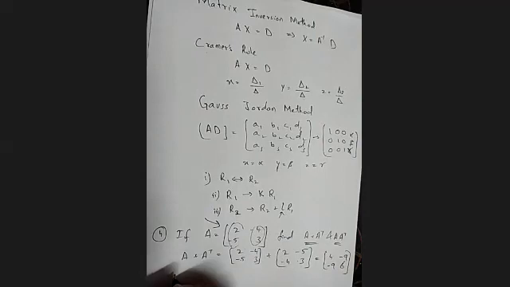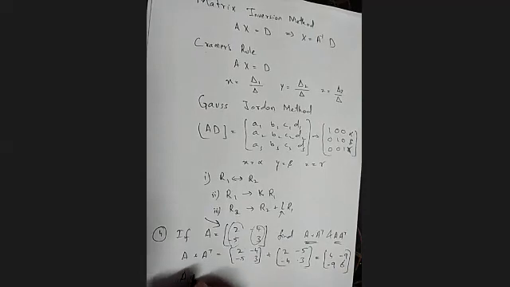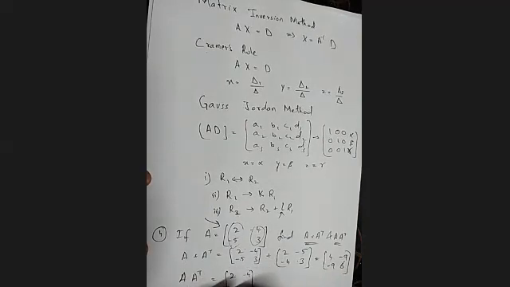Next, A A transpose. That is nothing but A into A transpose. What is A? 2 minus 4 minus 5 and 3. A transpose will be 2 minus 5 minus 4, 3. Now how do we multiply rows into columns? That will be 2 into 2 is 4. Minus 4 into minus 4 is 16.